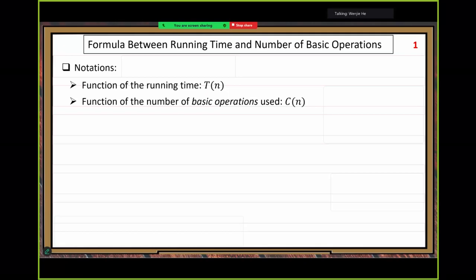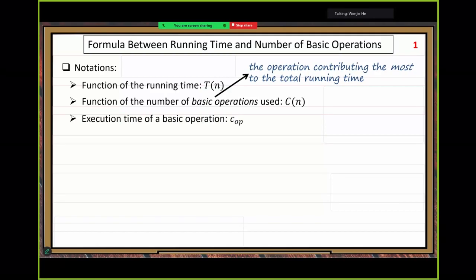So which one do we treat as the basic operation? Multiplications, because multiplications contribute the most to the total running time. The multiplication part dominates the total running time. So that's why we treat it as the basic operation, and so we have this concept.